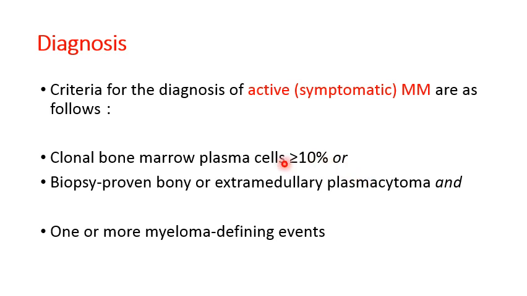So either the bone marrow should be positive, or there should be evidence of plasmacytoma in a biopsy. With that, there should be one or more features called myeloma defining events. What are these myeloma defining events?